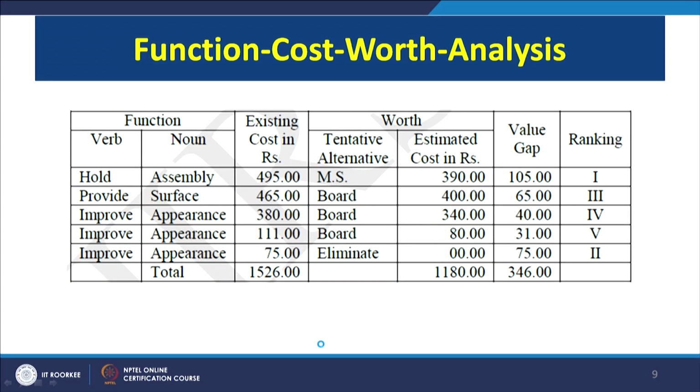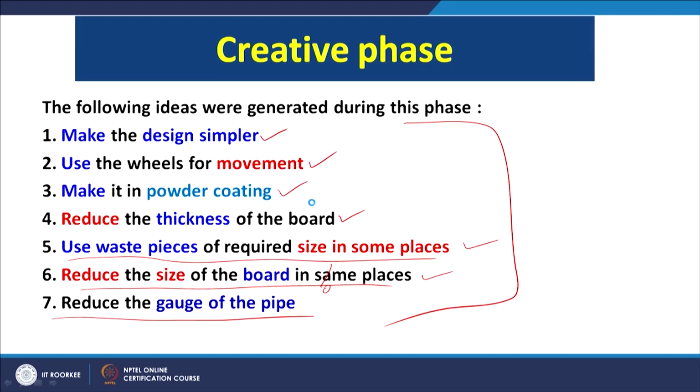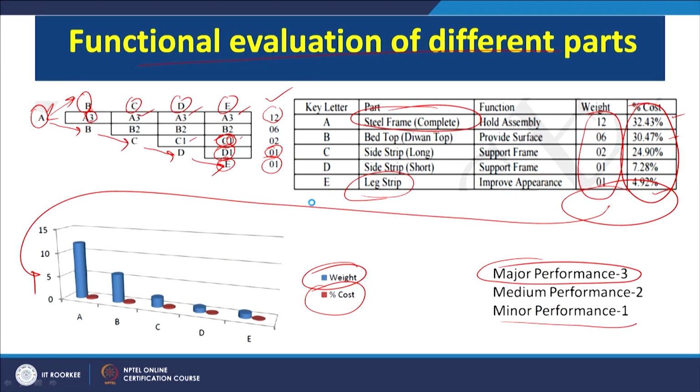Now we can see here the value gap which has been calculated. Now we can see the assembly. The first component, A, has the basic purpose of holding the assembly. What is the tentative alternative? It can be mild steel, because currently we have a steel frame A and the basic function is to hold the assembly.